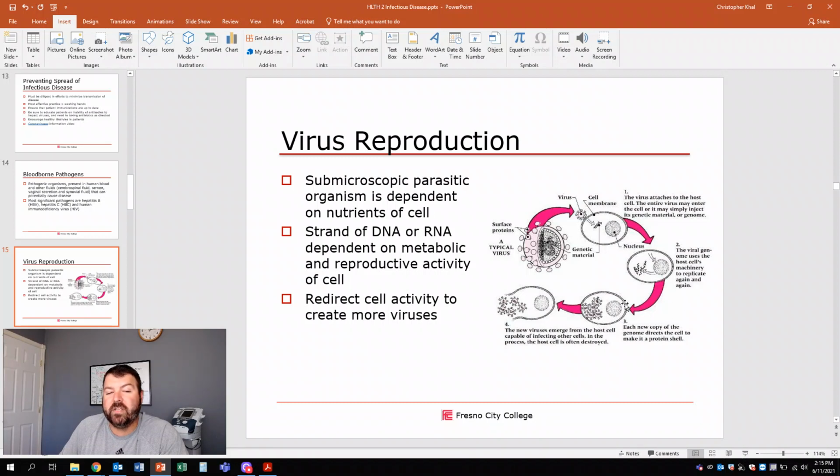The host cell now thinks that it's producing antibodies when it's actually producing the virus itself, and then all those viruses spread in that cell, and the cell, let's say, pops and spreads more of that virus to other cells. I believe I have a video on HIV, which will go a bit more in depth on the HIV virus itself.